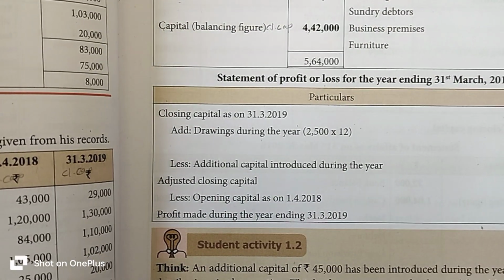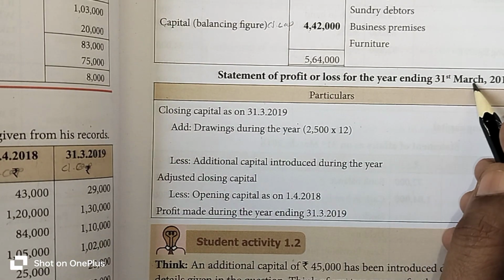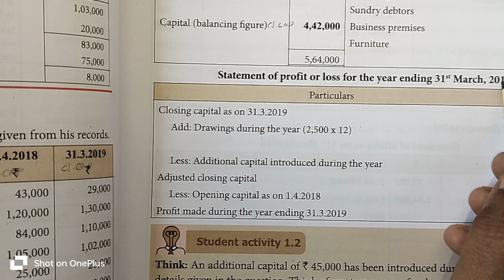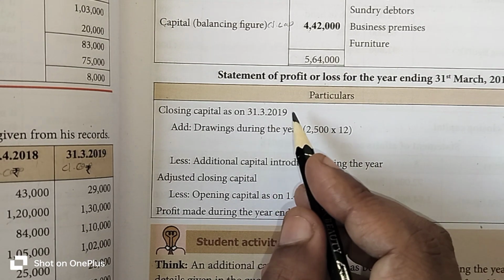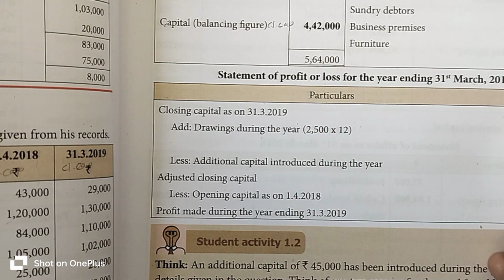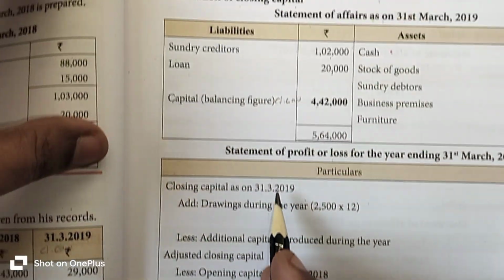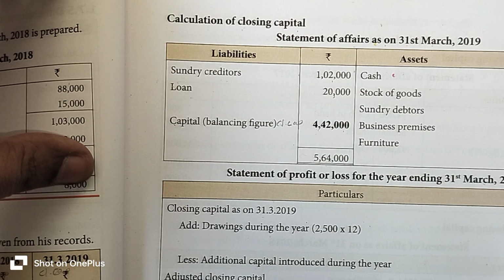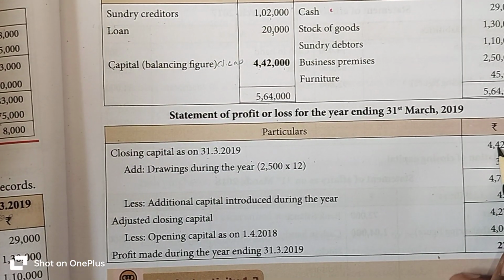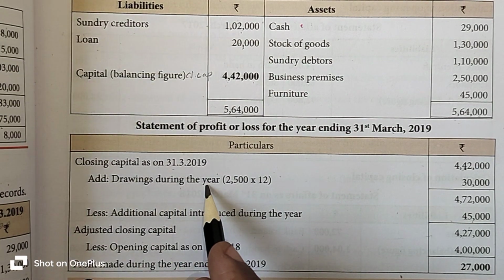Okay, let's prepare the statement of profit or loss for the year ended 31st March 2019, right? The format to find out the profit or loss has particulars and rupees. Closing capital at 31/3/2019 is 4,42,000. We have to enter it here and add drawings during the year.